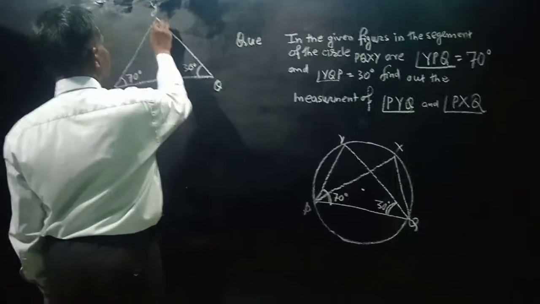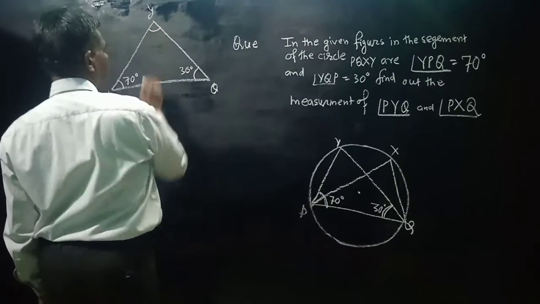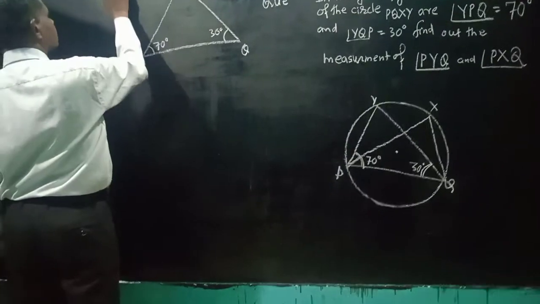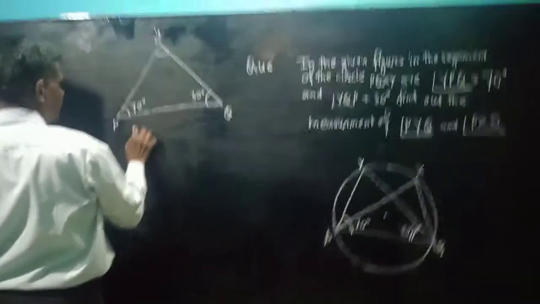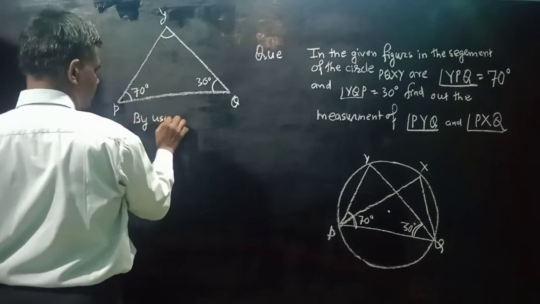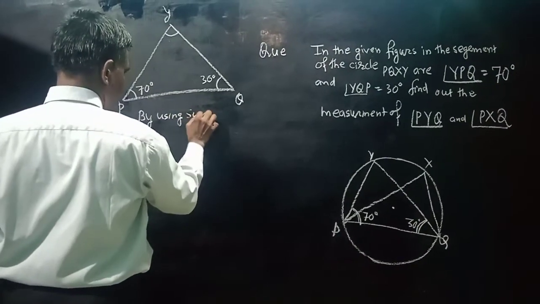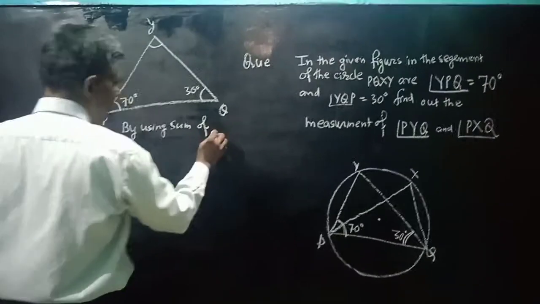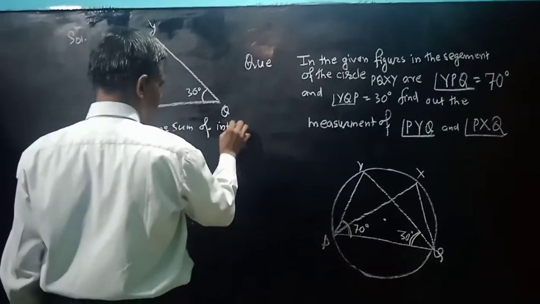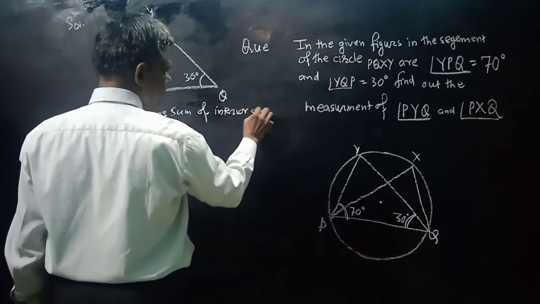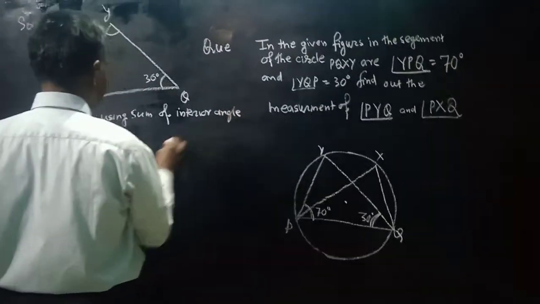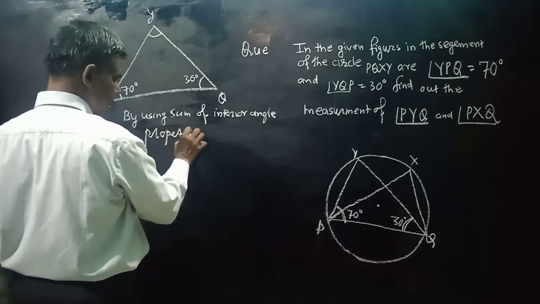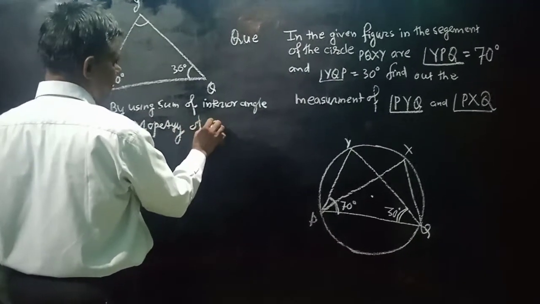So then we can find this angle Y by using the sum of interior angles property of a triangle.